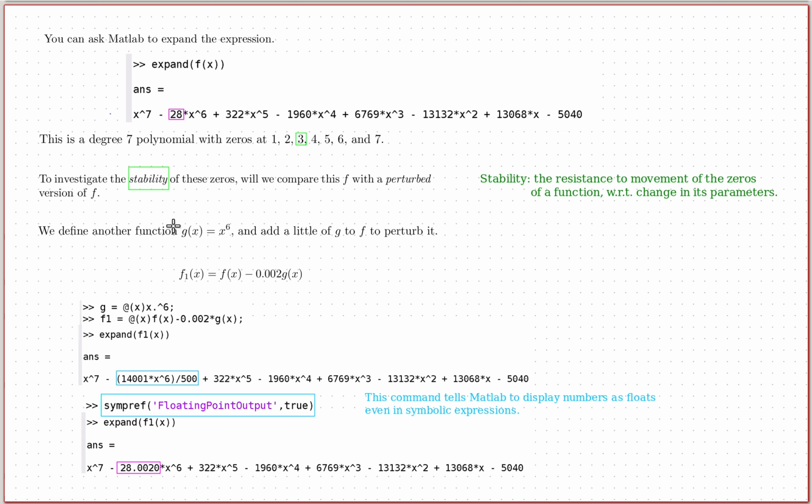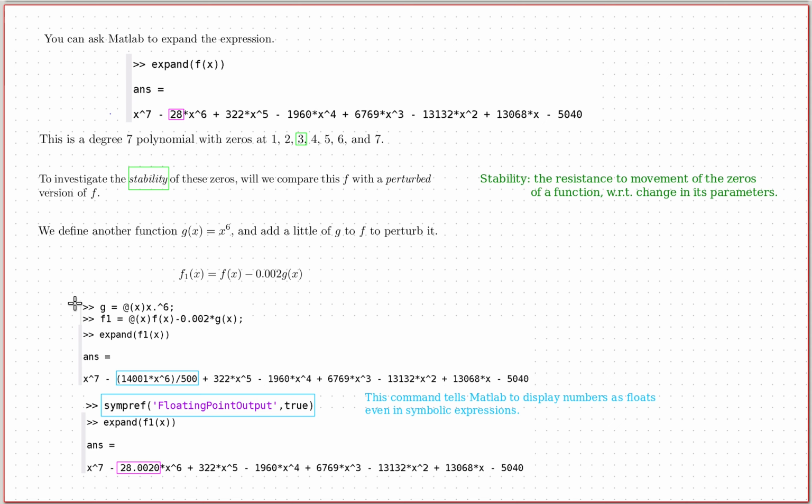So specifically, in this example we're going to consider the function g of x equals x to the 6th. And we will add just a little bit of that to f to perturb it. So we will form a perturbed version of f, I'll call it f1, where we take the original f and subtract off 0.002 times g. So we've just added or subtracted a little bit of g from f in order to change it just a tiny bit.